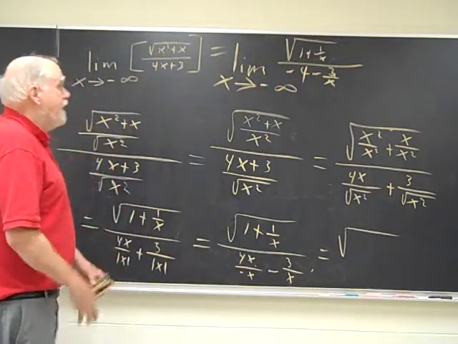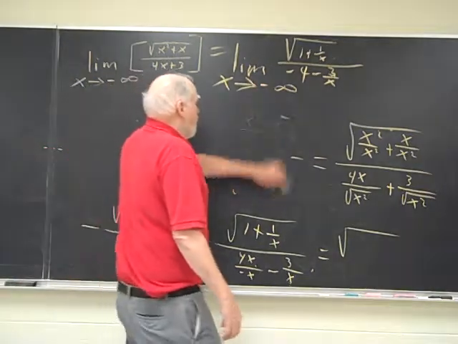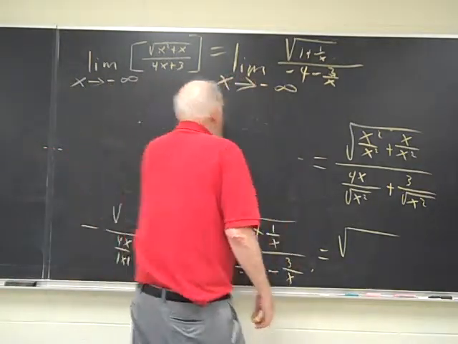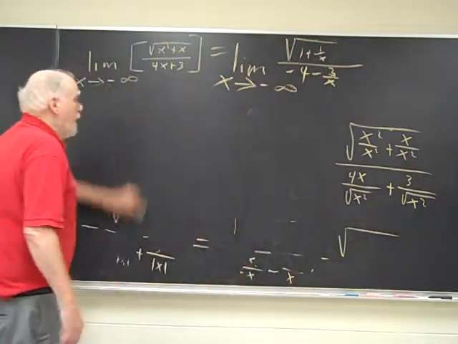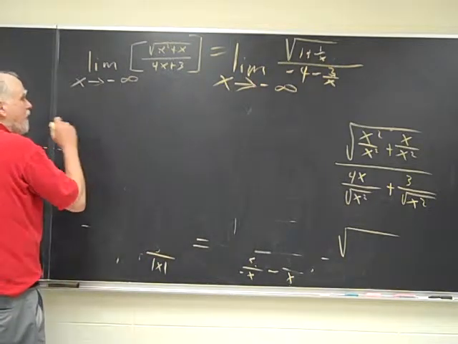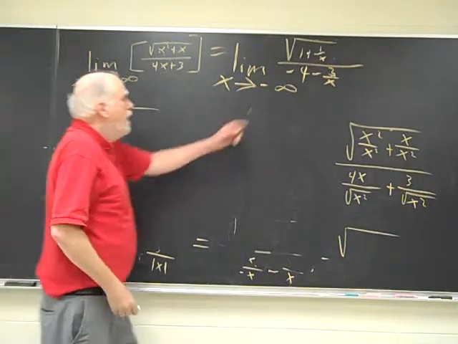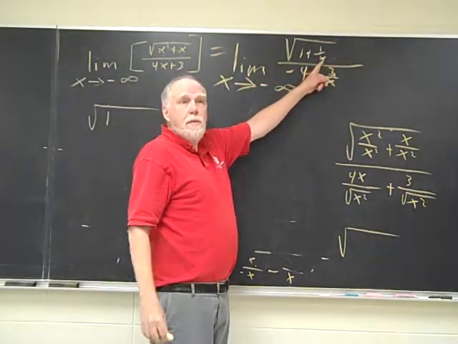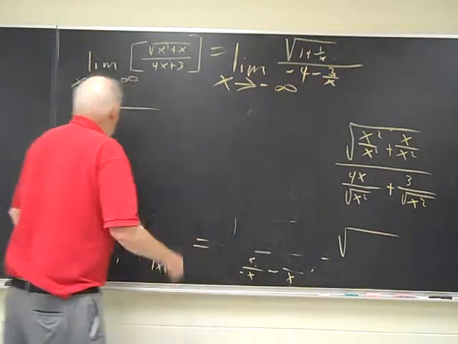Now let's take the limit. Let's get rid of this. You can always stop and copy stuff. I know I erase a lot, but you can always stop and copy. Let's see what we have here. We have the square root of 1 plus 0, because as x gets huge in the positive or negative direction, 1 over x goes to 0. We know what 1 over x looks like.